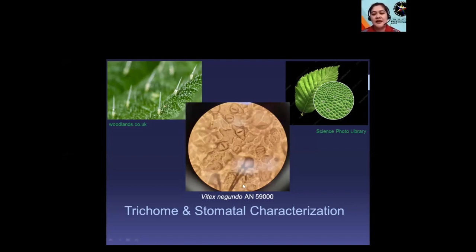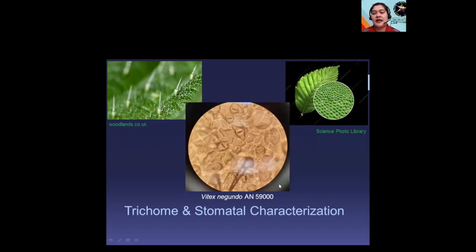Okay? And then here, I have this. This is a personal picture of mine in my study, Vitex negundo. This is accession number 59000. Lagundi is only one species, but it has so many varieties.